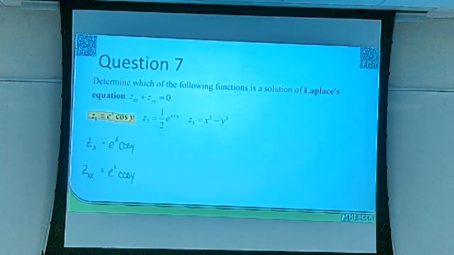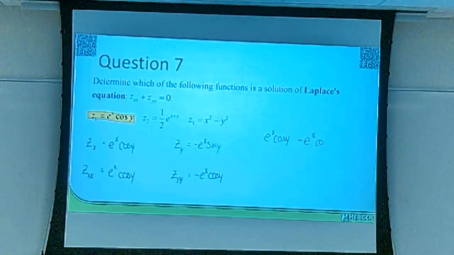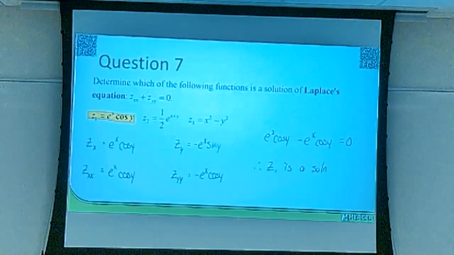What's the partial with respect to y? With respect to y again? Z1's a solution. Zxx plus Zyy has to equal 0.